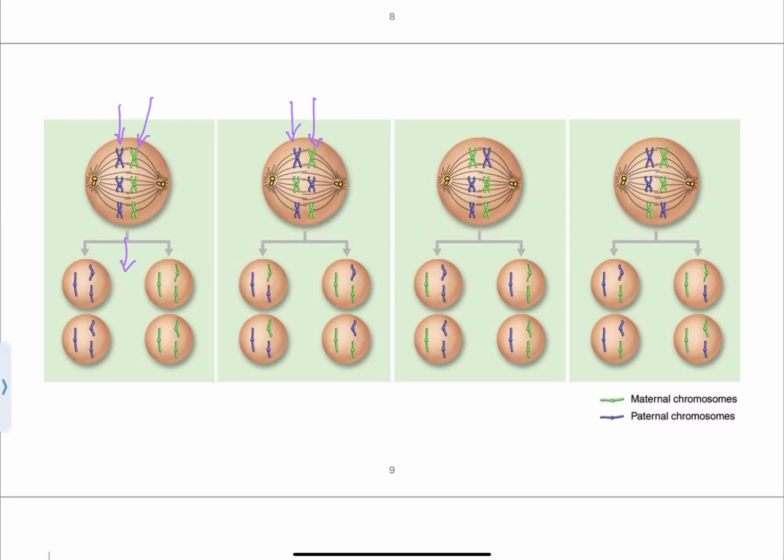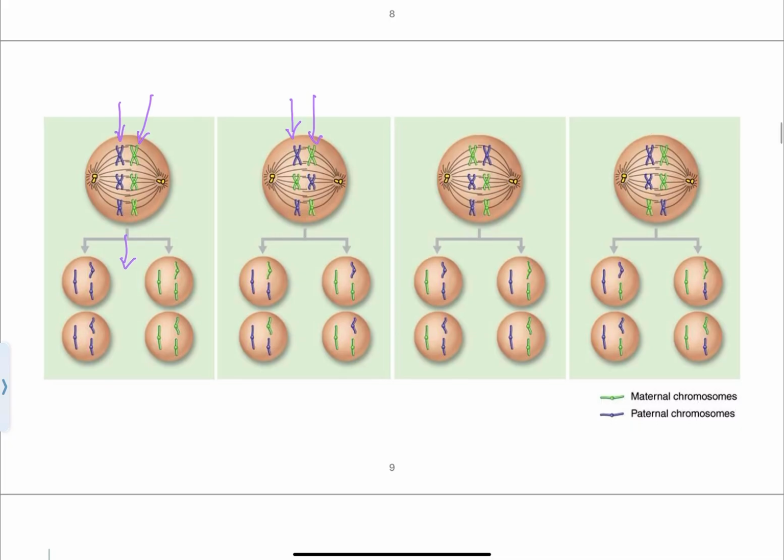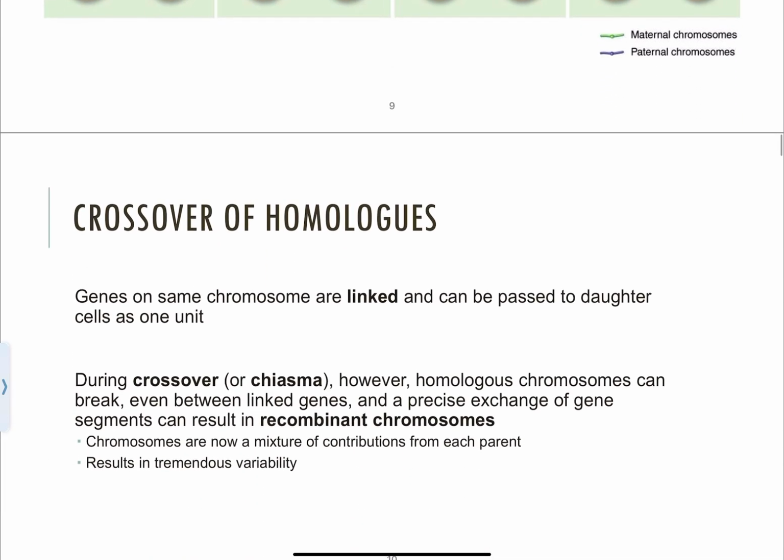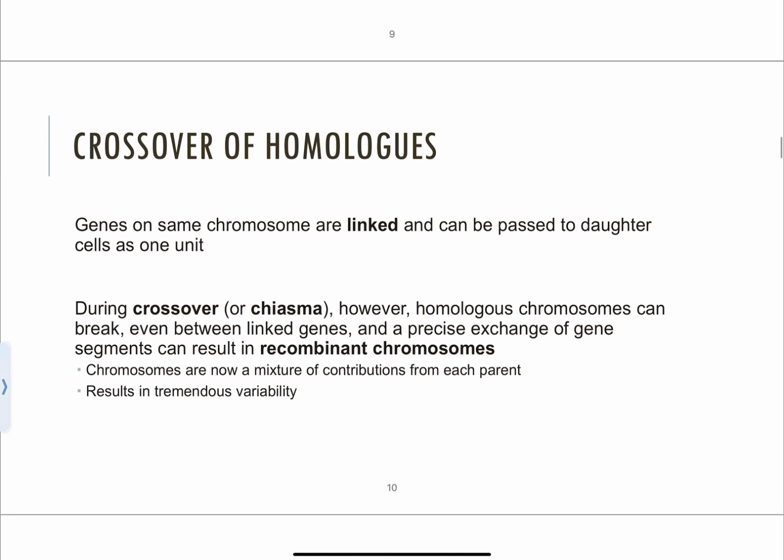Well, they could line up just like this and assort independently, just down like this. Or they can line up like this, where we have one paternal, one maternal, and one paternal on this side. And on this side, we have one maternal, then a paternal, and then a maternal. So we can line up our homologous pairs of chromosomes on either side of what we call the metaphase plate.